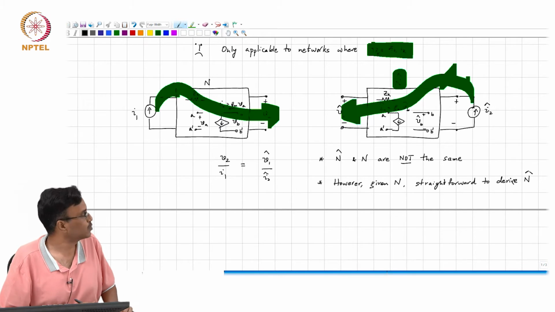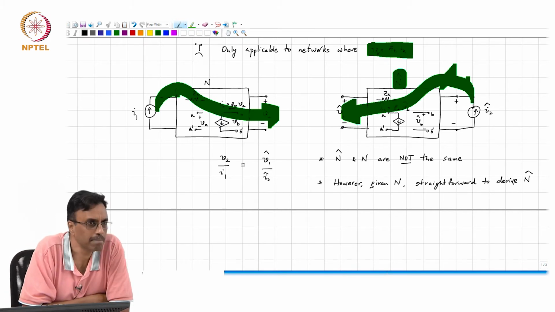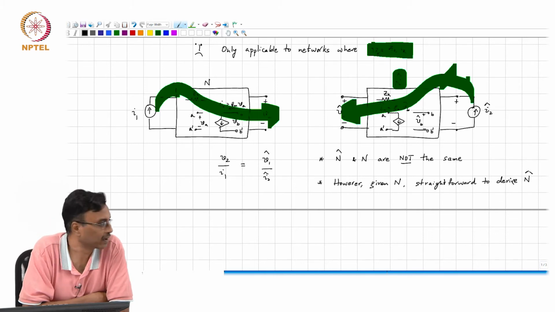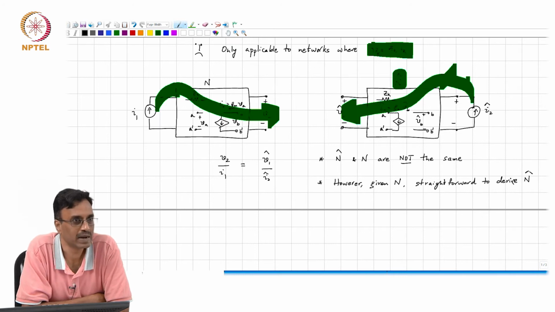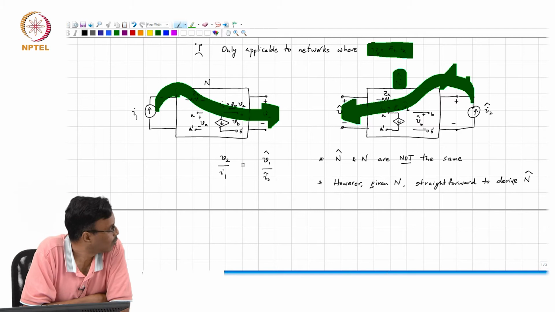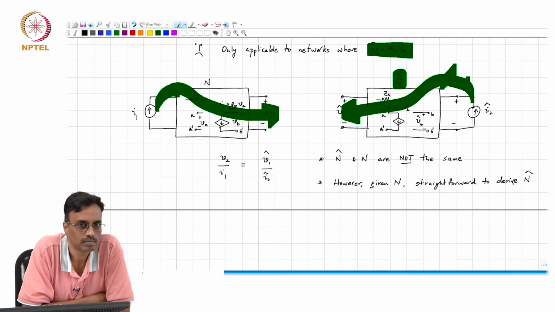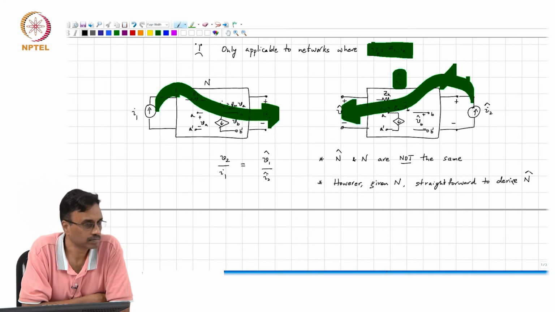So, if you set G_M to 0, what comment can we make about the impedance between A and A prime? It is an open circuit, and likewise between B and B prime, it is also an open circuit. What comment can we make about N hat if we set G_M to 0? It is the same. Is that clear?